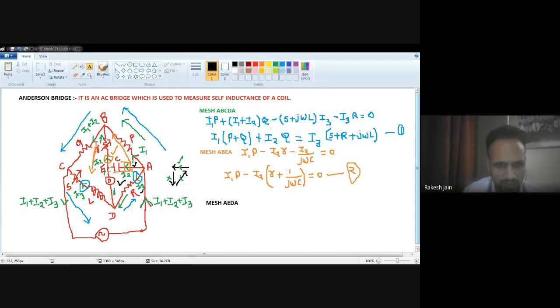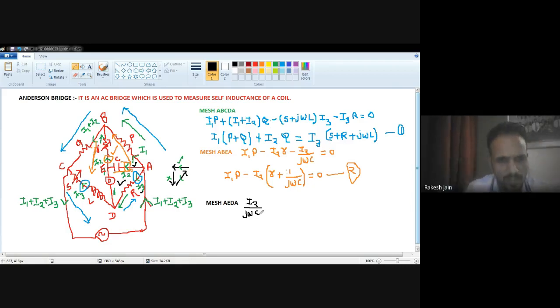See what will happen. When I go from A to E, my current is I2, and the element is a reactive element, that is capacitance. That's why I have to write the voltage as 1 upon j omega c multiplied by the current I2. So I2 divided by j omega c.